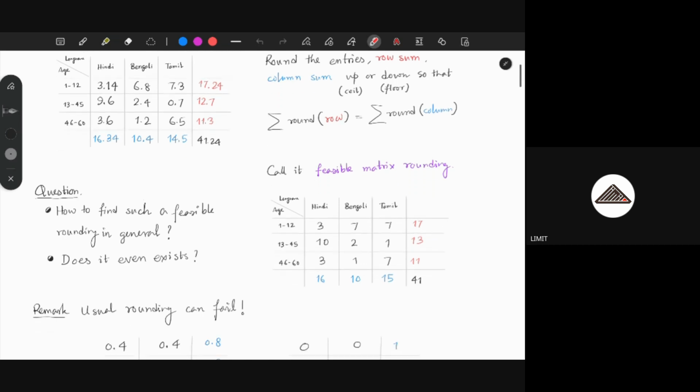So we want to find an algorithm, and moreover, does it even exist? Oftentimes in mathematics, before getting something, we talk about existence, and under which condition it might exist, because we can see one instance, so that's fine.